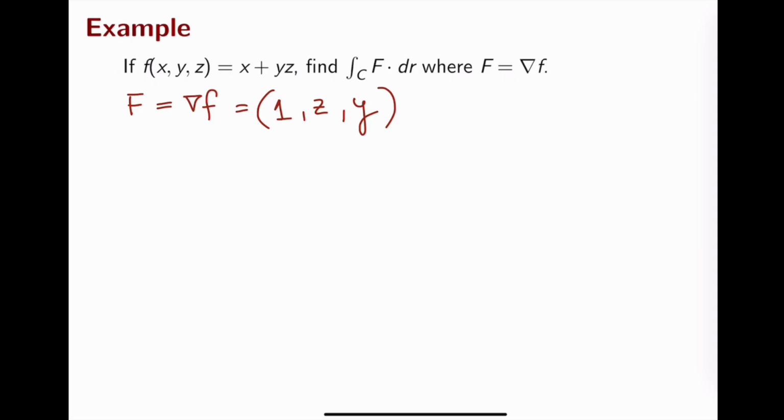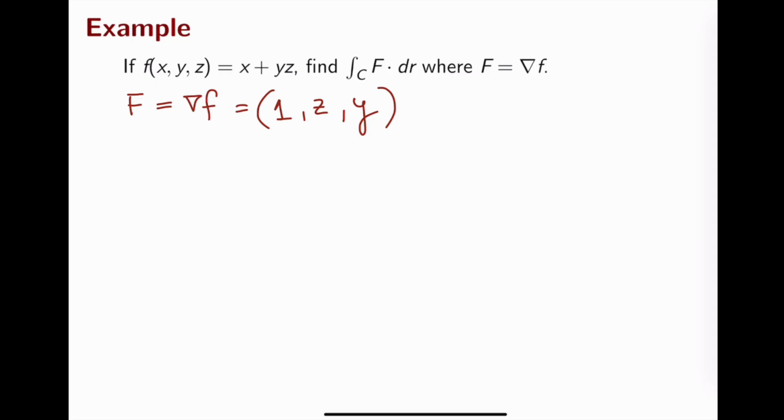We have two ways to calculate this: the way that we already knew, applying the definition of line integral, and the way provided by the fundamental theorem, that is simpler, calculating the potential and evaluating at the beginning and at the end of the curve.